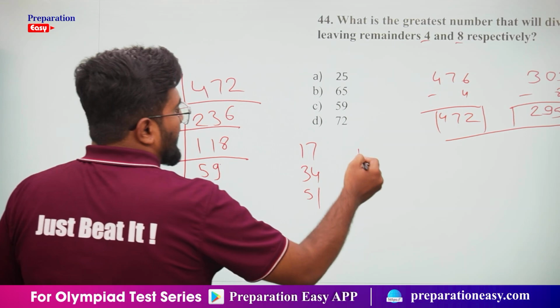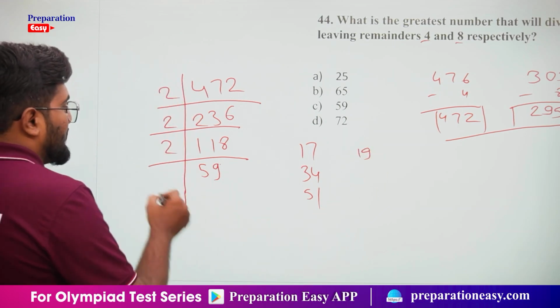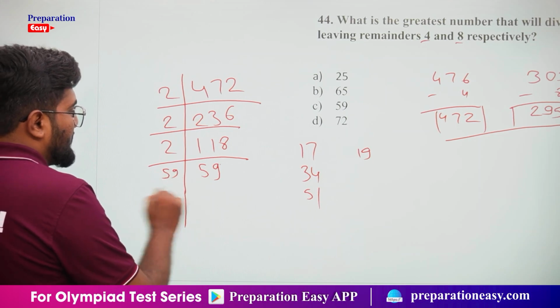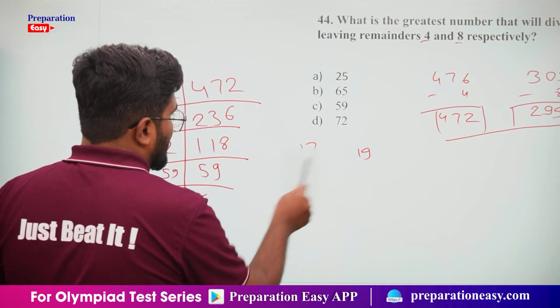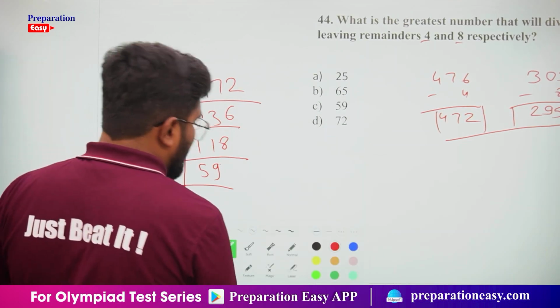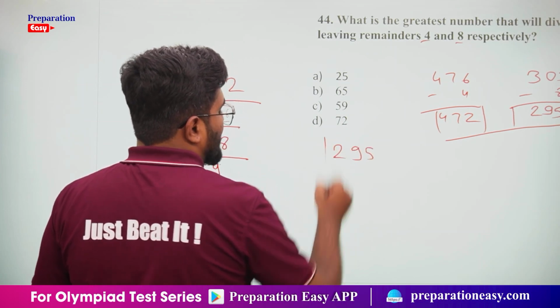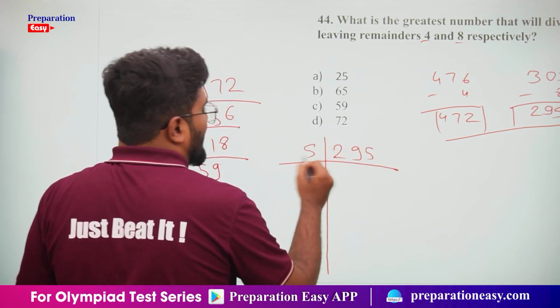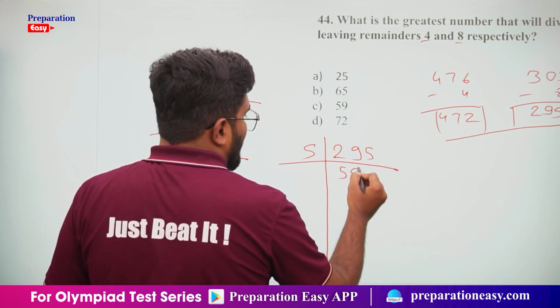Then 19, not with 19 also. So 59 is a prime number. Then 295, 5 5s are 25, 5 9s are 45, so 295 is 5 times 59.